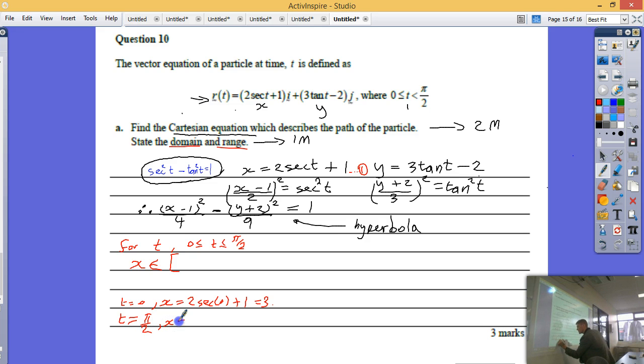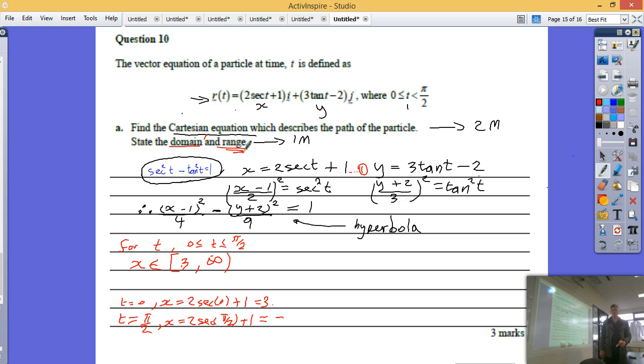Well, that will be 2 sec pi on 2 plus 1, where sec is 1 over cos, and cos pi on 2 is 0. Okay, and so if I've got 1 over 0, then that goes to infinity. So I've got a maximum there of infinity. So minimum of 3 up to infinity. That's the domain taken care of, we now want to get the range.